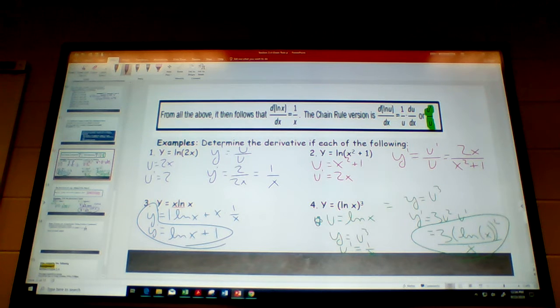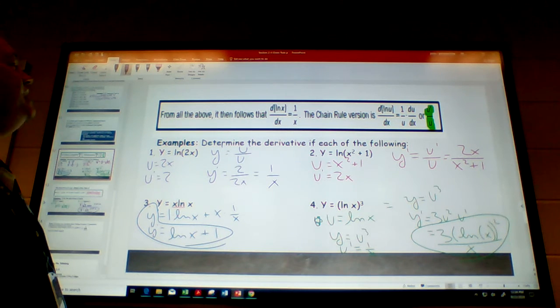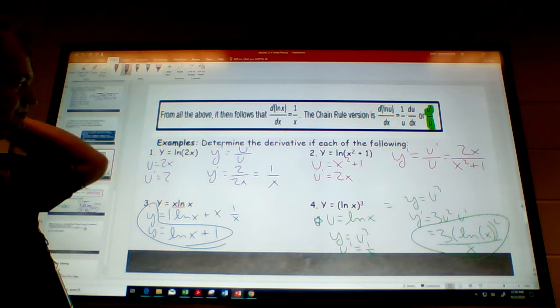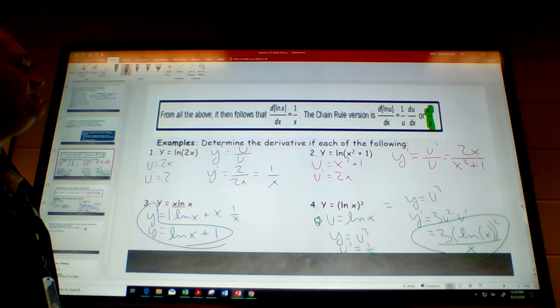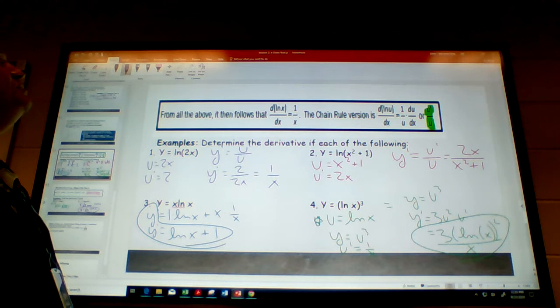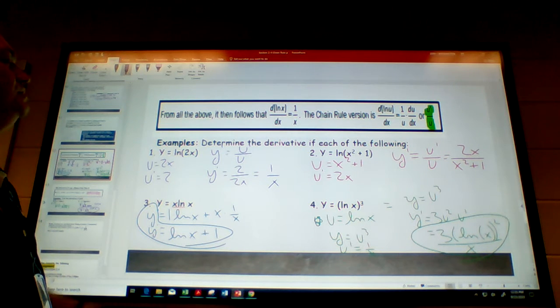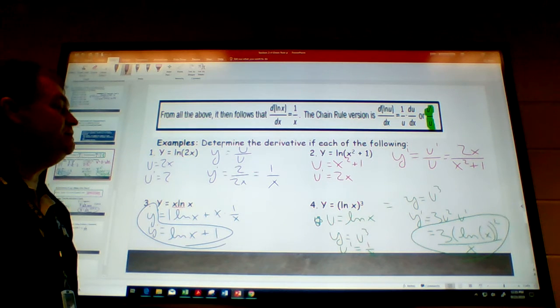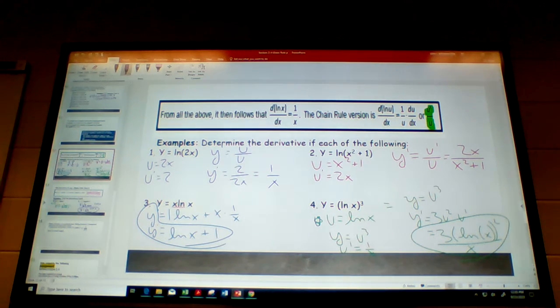So, for this one, if y equals ln of 2x and u equals 2x, then u prime equals 2. And then y prime is equal to u prime over u, which is 2 over 2x, which ends up being 1 over x.